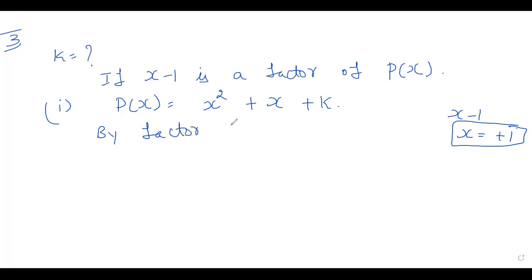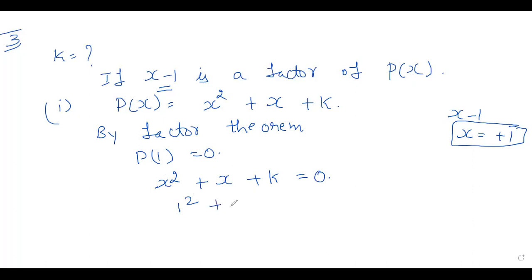By factor theorem, P of 1 is equal to 0, because they are saying x minus 1 is a factor, so the polynomial equation will be 0. P of 1 is 0. So we can write the polynomial as that is equal to 0.